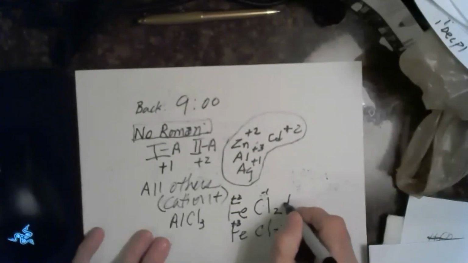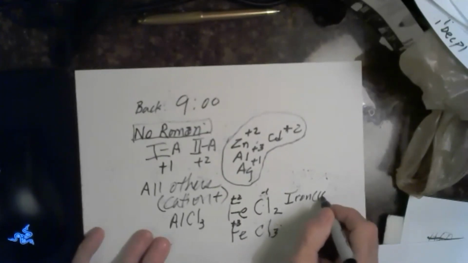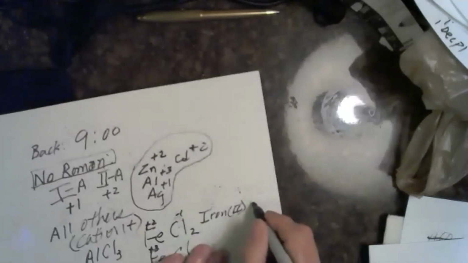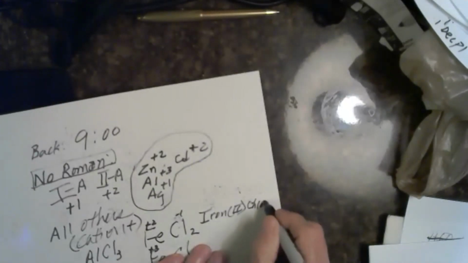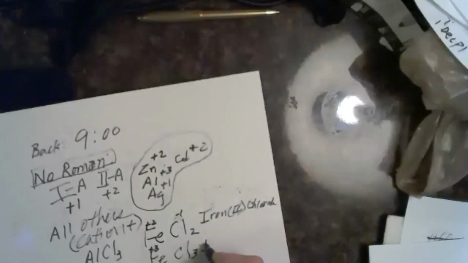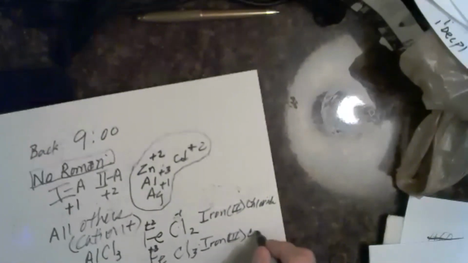This one would be called iron, Roman 2, chloride. And this one would be called iron 3 chloride.